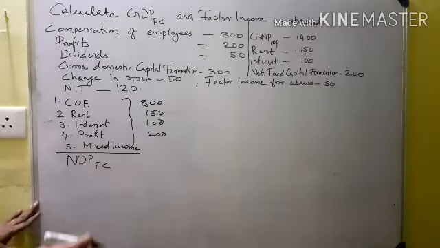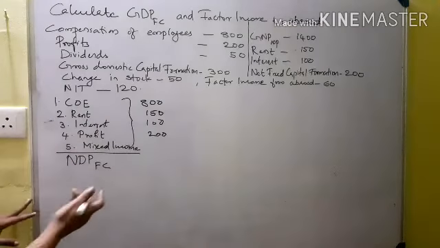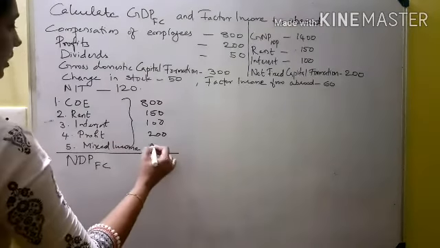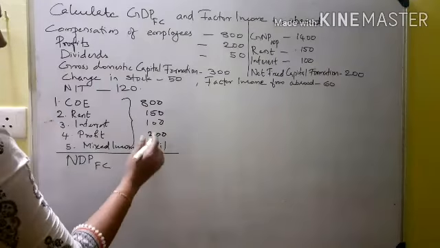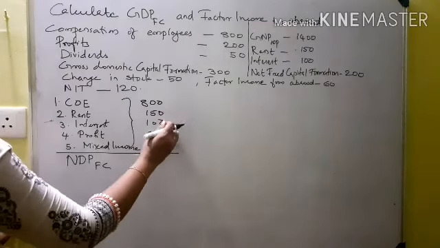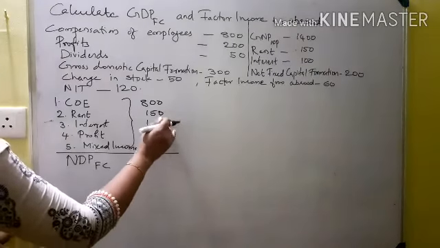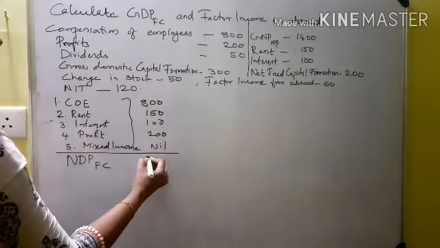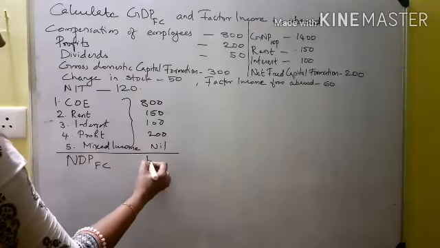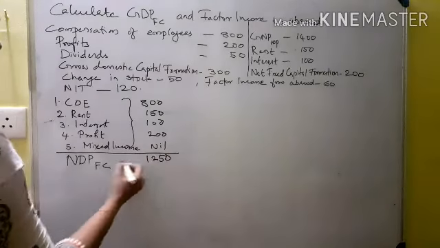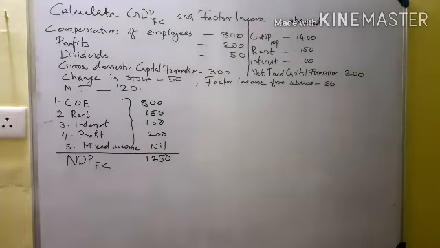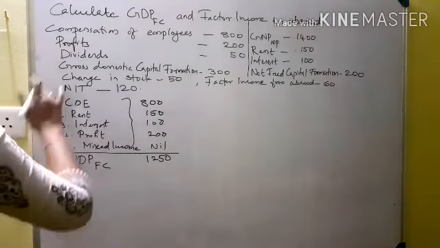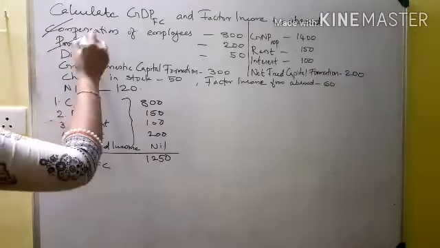Mixed income is not mentioned in this. So this total is 800 plus 200 is 1000, plus 250, that is 1250. So NDP FC is equal to 1250.